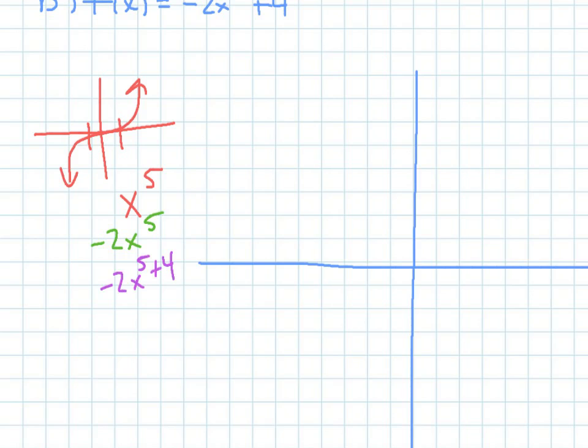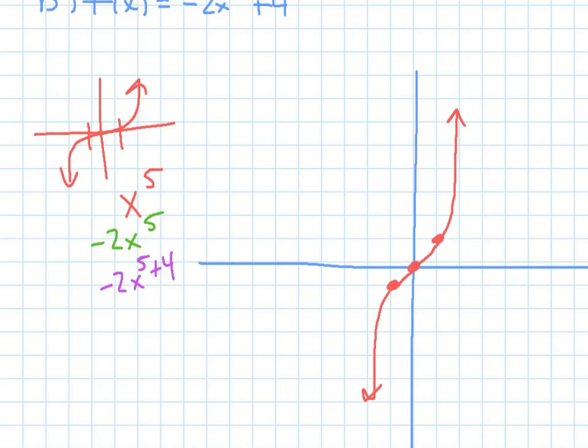Okay? So x to the fifth, you got 0, 0, and then you still got 1, 1, and if you plugged in negative 1, you would get negative 1. But then if you went to 2, that would mean that you needed to get to 32. So now I want to be able to do negative 2.